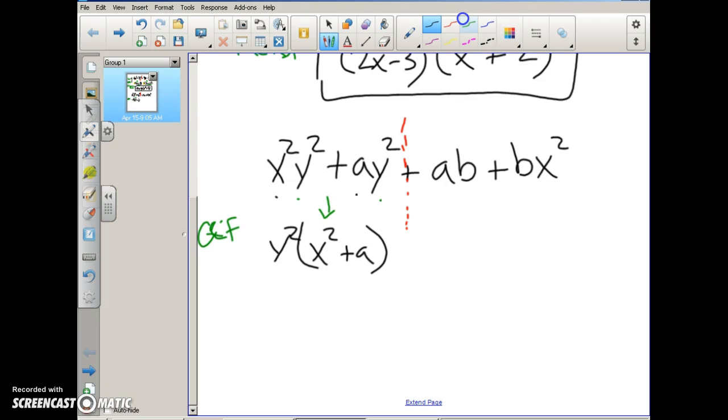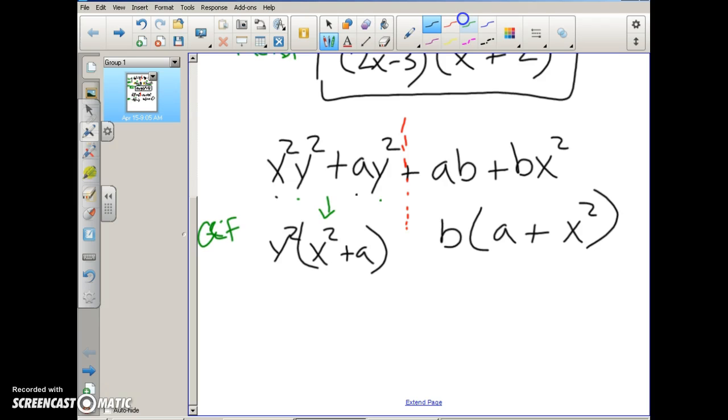The second 2 terms, taking a look, what can I do here? The greatest common factor I can pull out is b. Then I'm left with a in here, and then x squared. Okay, now these may look different.